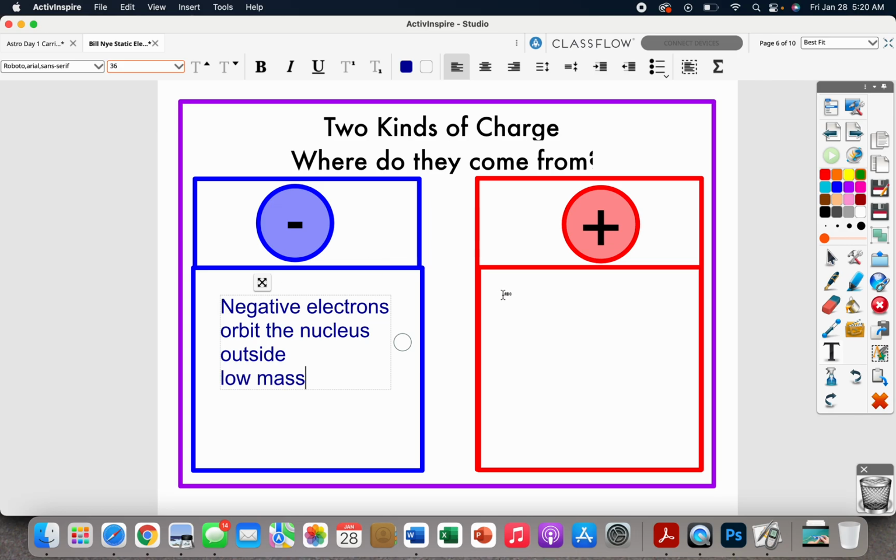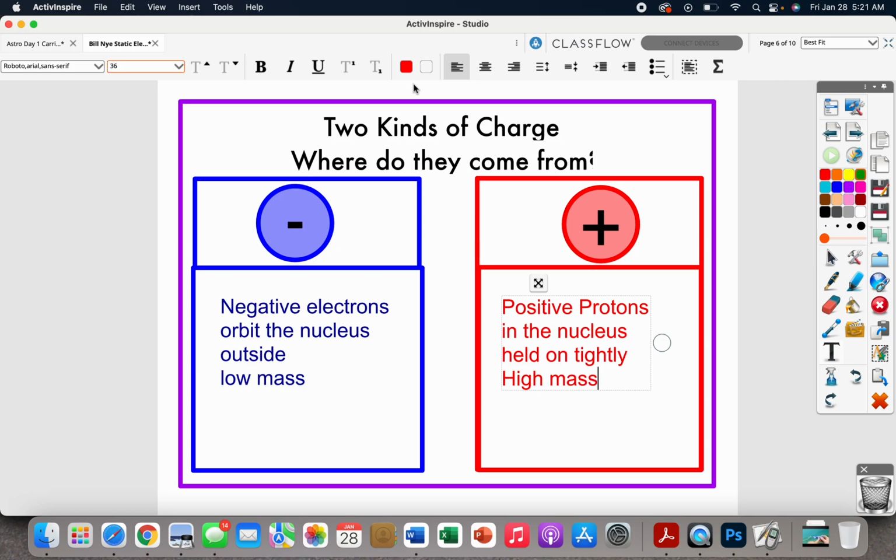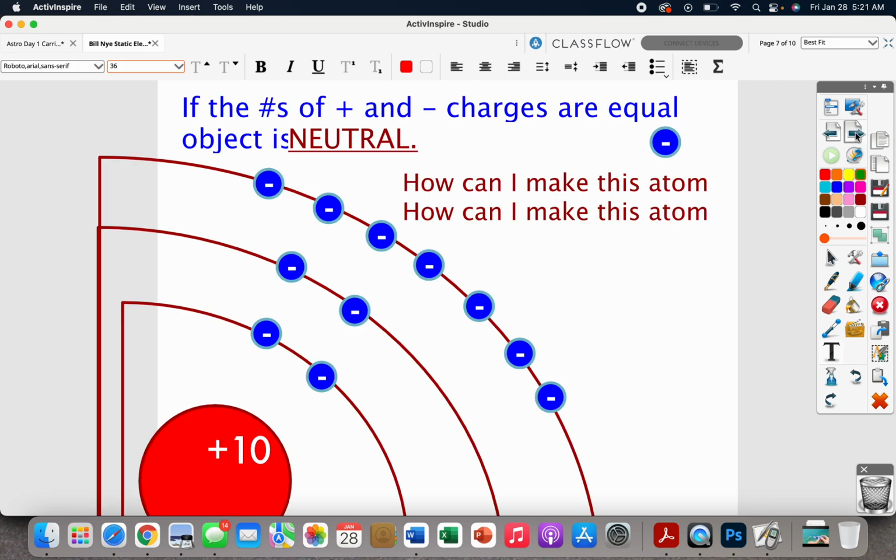Over here we have our positive protons, they're in the nucleus, they're held on tightly, and they have high mass. So you have positives and negatives, and the electrons are the things that are going to be outside where they can move around.